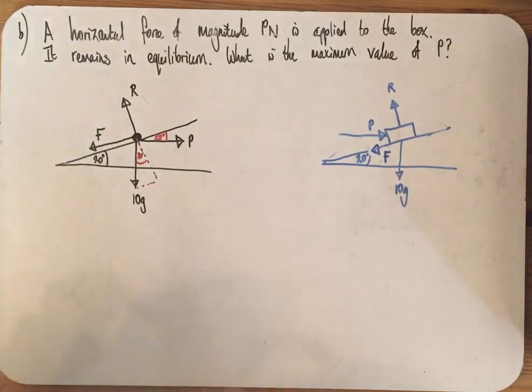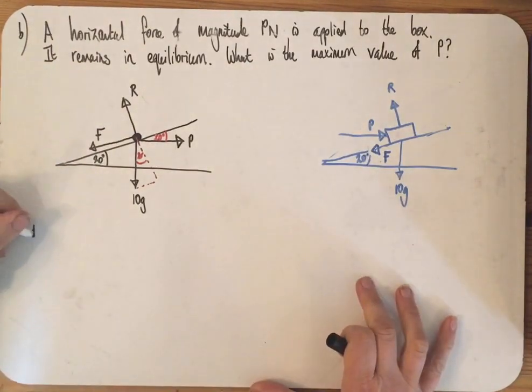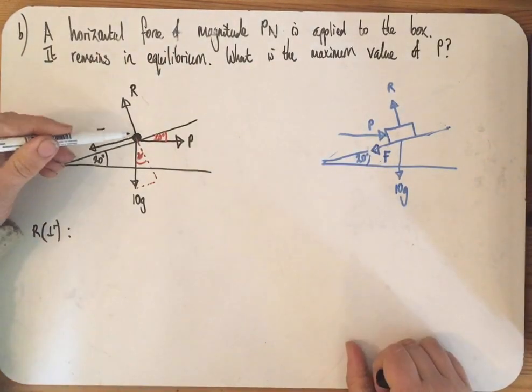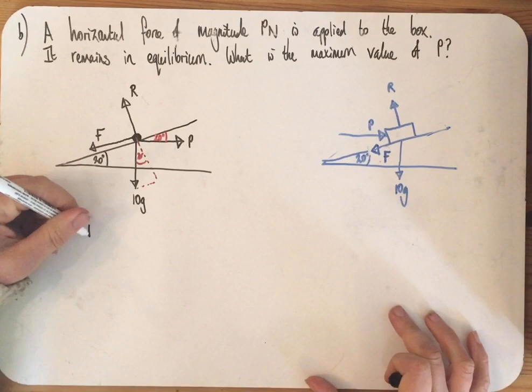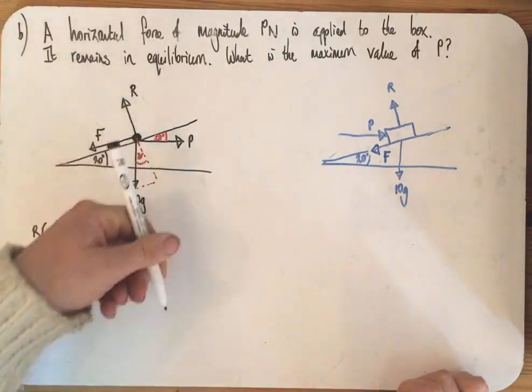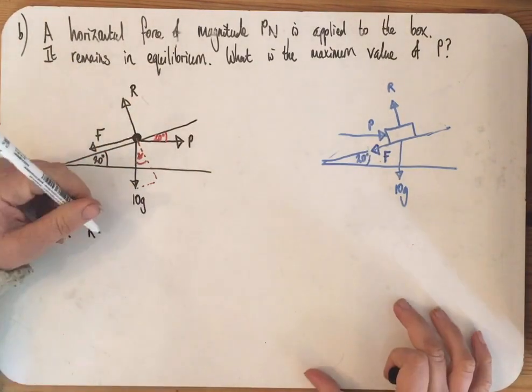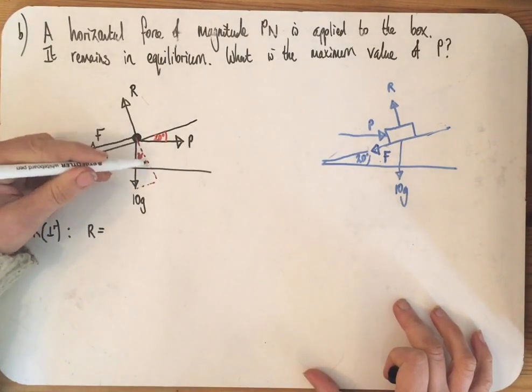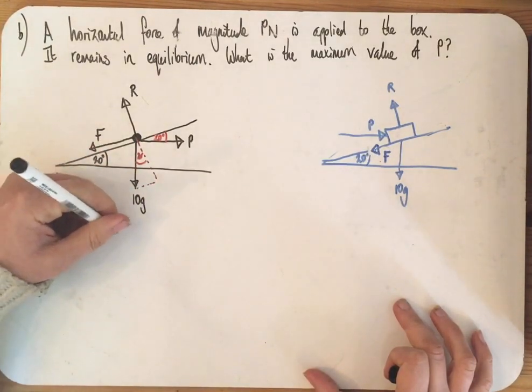So same thing, there's no motion, so forces in equilibrium, resolving perpendicular to the plane. I've got acting this way, R, and that needs to equal anything acting down this way. So I have 10g cos 20 coming down here.